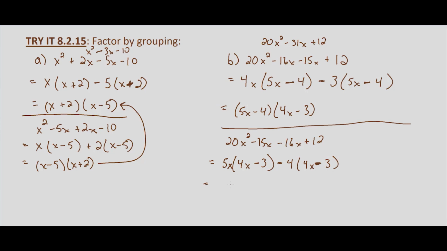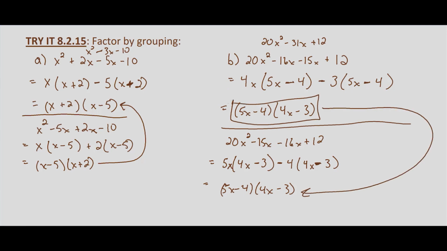And we end up with the same thing we had before, the 5x minus 4 times 4x minus 3. So we know that this is the solution, because in both instances we got the same factorization.